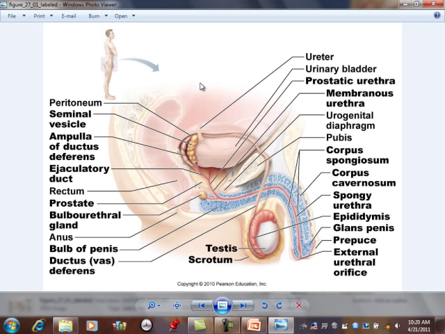Anybody know? Temperature. Optimal temperature for the production and maturation of the male's reproductive gametes, and what do we call those guys? Sperm, is actually a little bit lower than body temperature. So the organs in which these cells are produced and matured are actually outside the male's body.